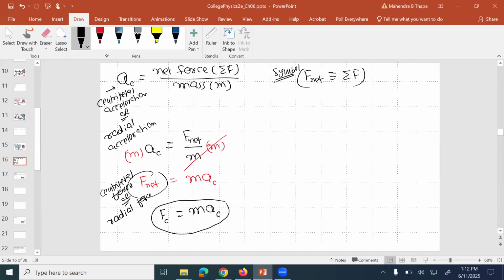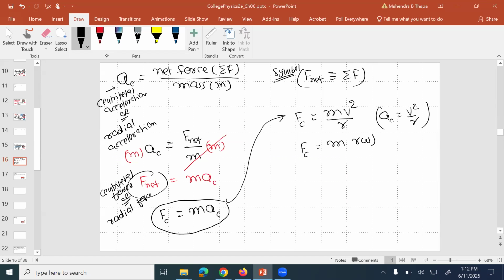This can be written in various forms. We know that AC equals v squared over r. This can be further simplified as m, v is r omega, so it should be squared over r.